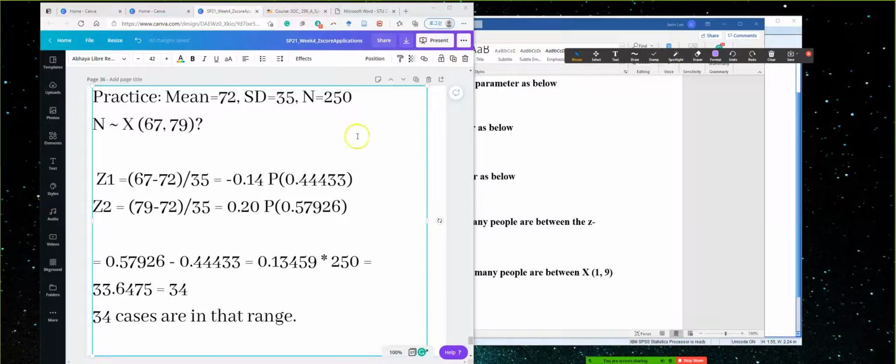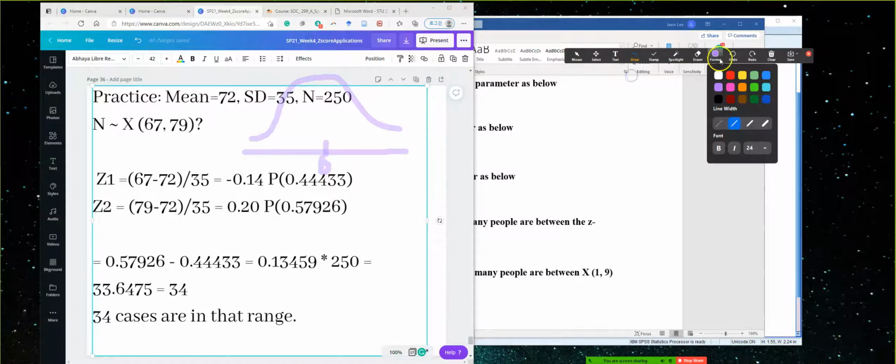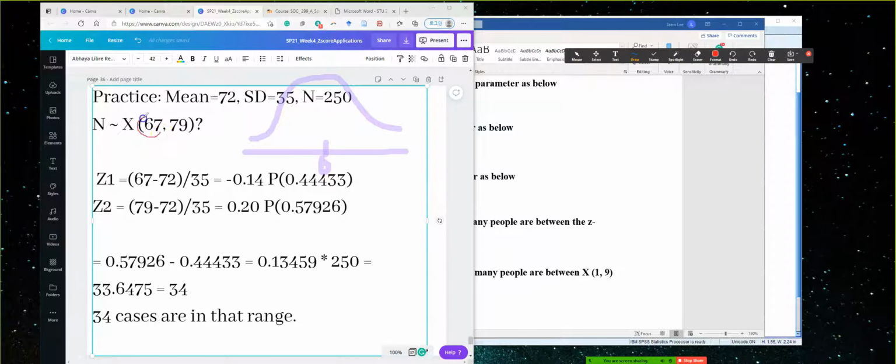Every day, every time. So this is the first Z-score, and this is the second Z-score. So it means that somewhere in this, and this is 0, and by the calculation, as you can see here in red color, this is the first number, right? So number 67, x minus the mean, divided by the standard deviation.